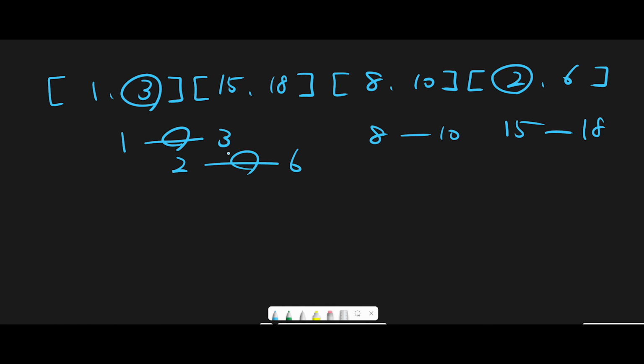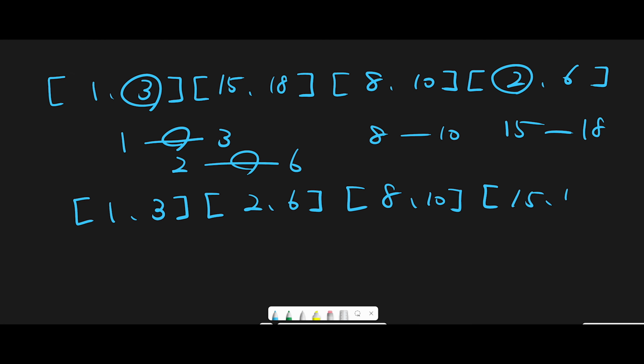But the problem is there is a distance between these two intervals, because we have 15, 18 and 8, 10 in between. So to make things easier, my strategy is to sort all intervals by starting time, so that we get 1, 3, and next 2, 6, and next 8, 10, and 15, 18. And all we have to do is care about the current starting time.